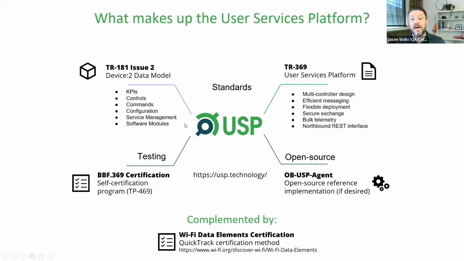That is all complemented by the certification program, whose test plan is defined in TP-469, and we have some bulk data collection test cases in that program. And this is all helped along by the reference implementation defined by the OB-USP-Agent open source project, handled by the Broadband Forum.